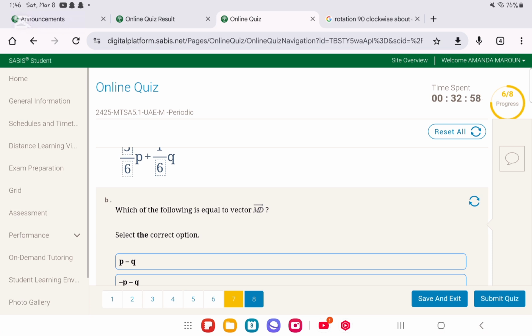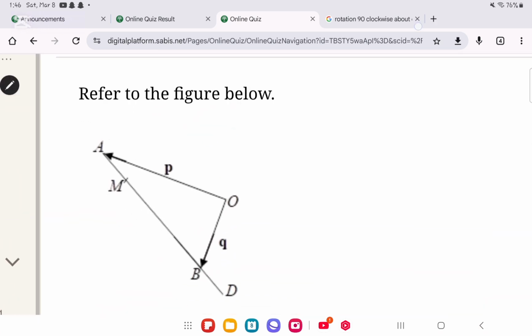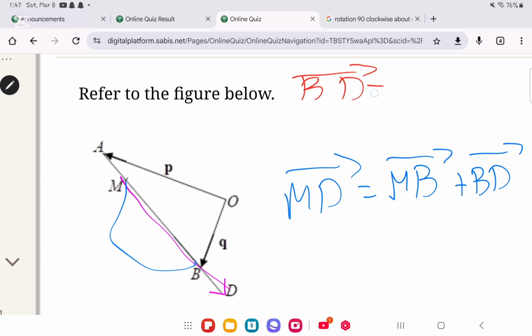Which of the following is equal to vector MD? Now, very simply, vector MD, let us separate it into two parts. MD is equal to MB plus BD. And as we read before, we know that BD is equal to AM. So now what we're gonna do is substitute BD with AM.